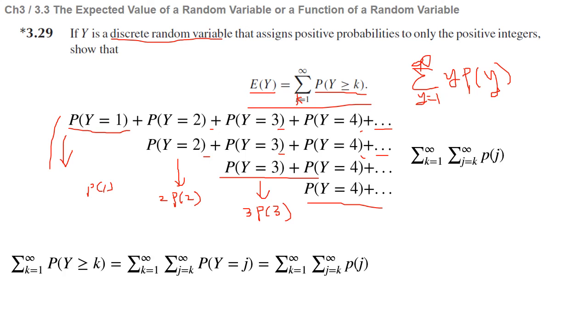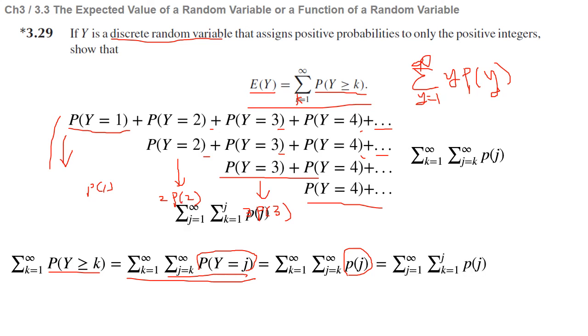And if you write it more rigorously, the sum over k from 1 to infinity of the probability that Y is greater than or equal to k is actually equal to this. This one can be written as this, and the inside of this is actually p_j, the probability related to random variable Y. Summing up this way can be reversed this way.